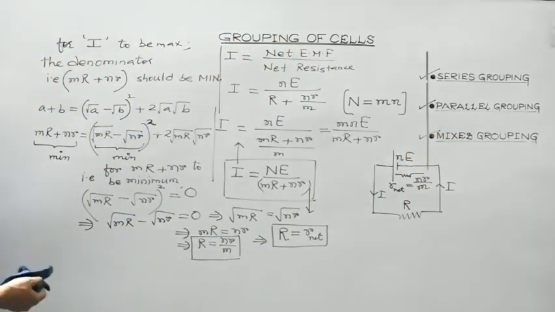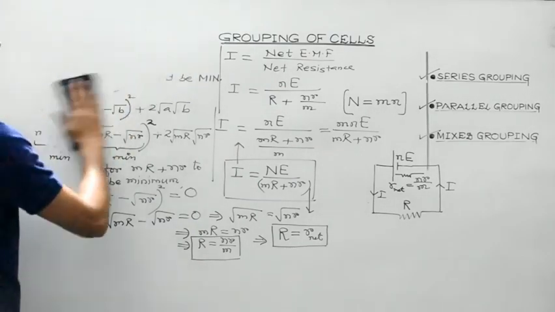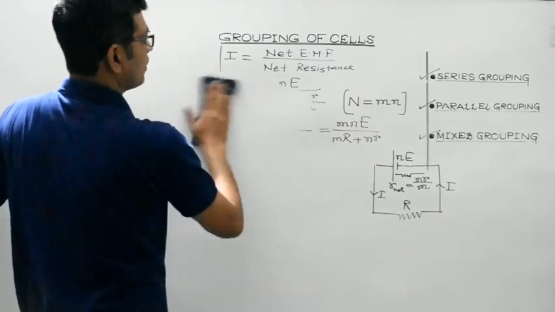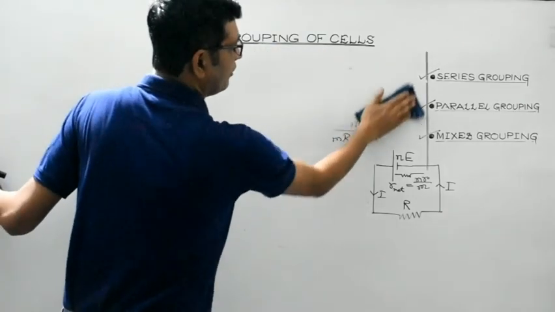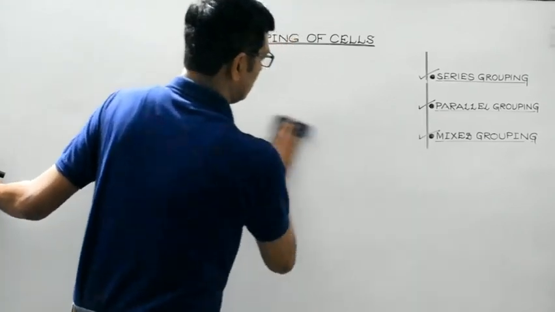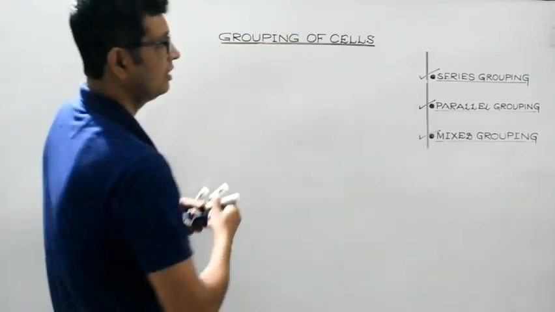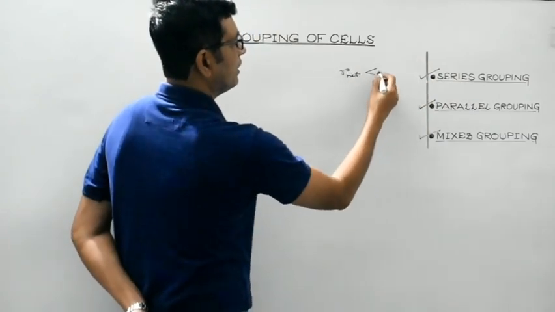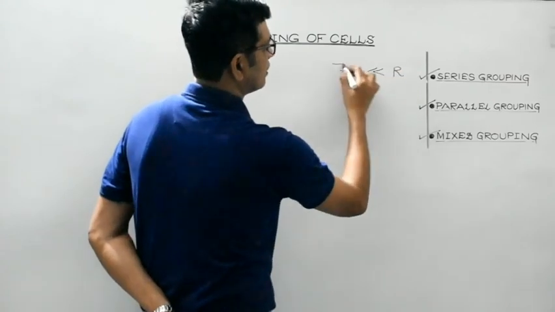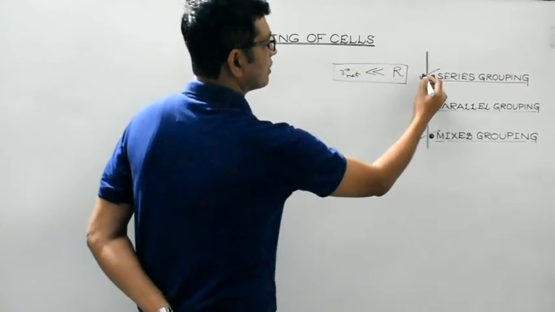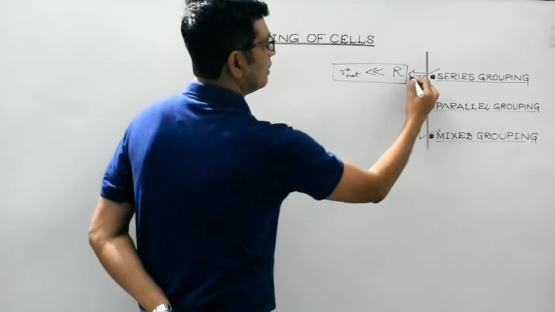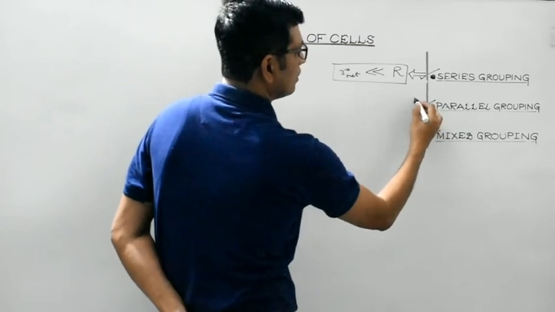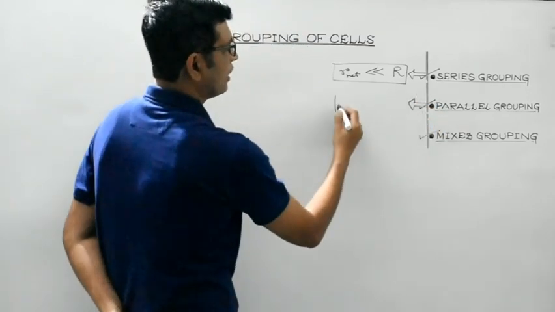Now let us try to revise the results in each of these three topics. In order to derive maximum current in the series grouping, net internal resistance should be negligible as compared to the net external resistance. This is the condition for obtaining maximum current. In the parallel grouping, the condition will get reversed.